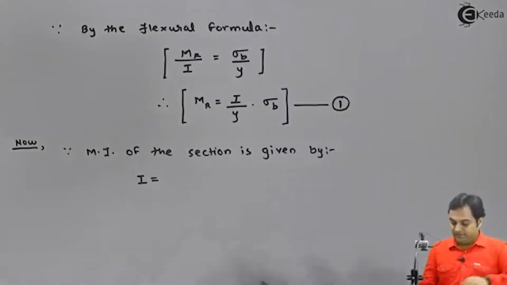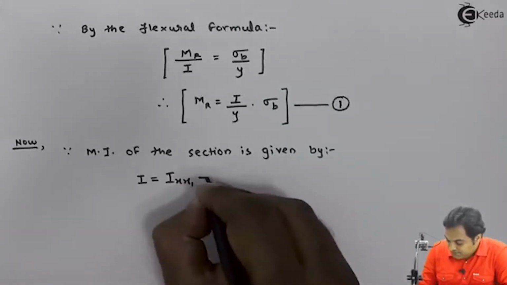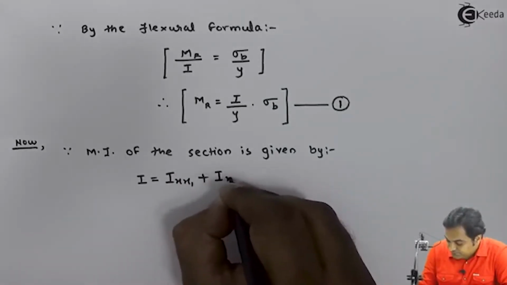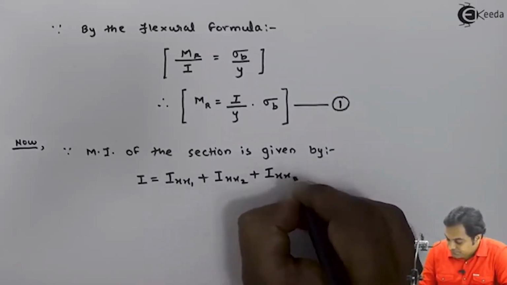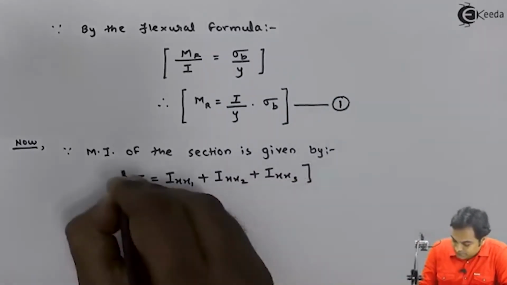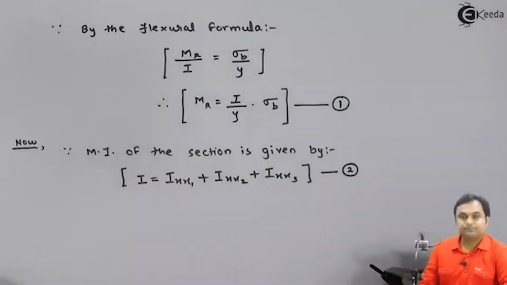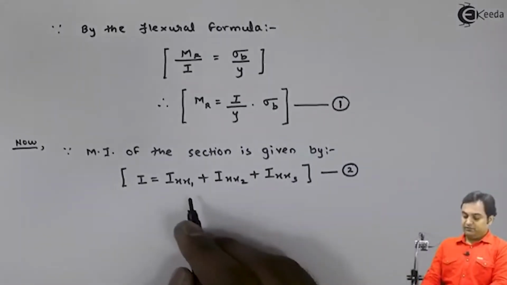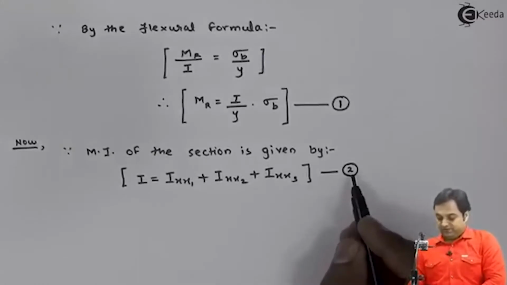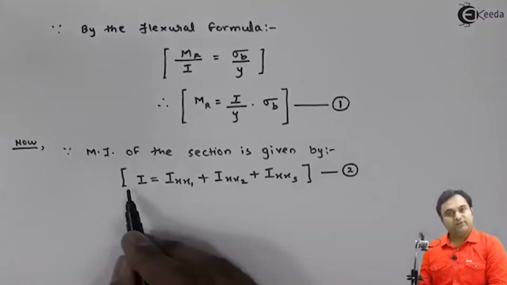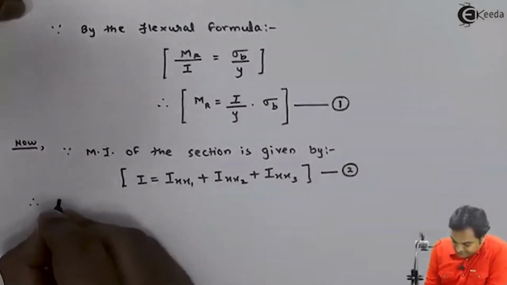So here this would be Ix1 plus Ix2 plus Ix3, keeping this as my second equation. Now individually I would be calculating Ixx1, Ixx2, Ixx3, putting the values in equation number 2 to get the value of I. So first, starting with Ixx1.